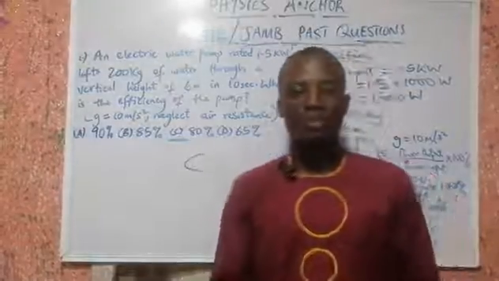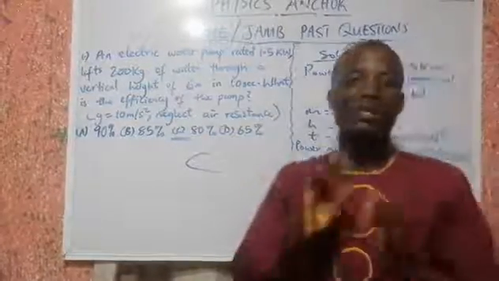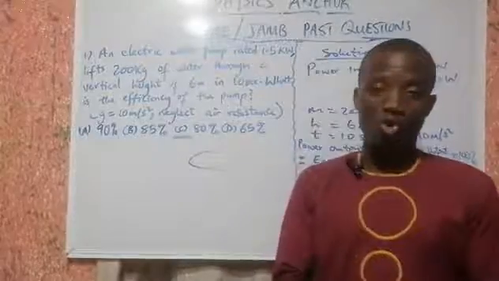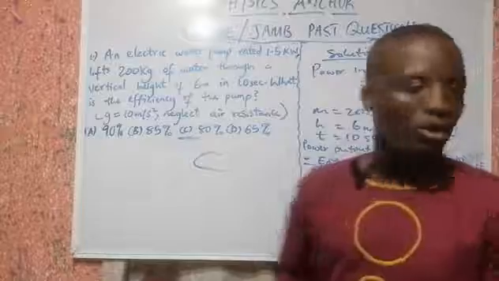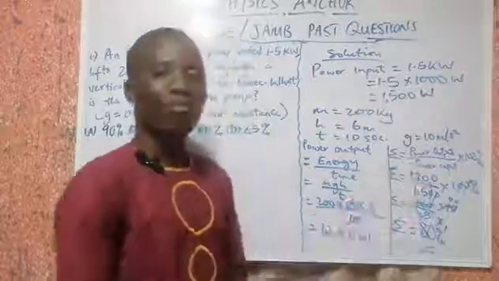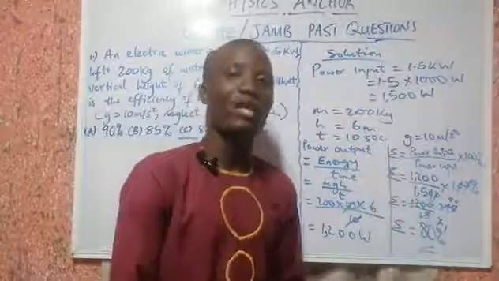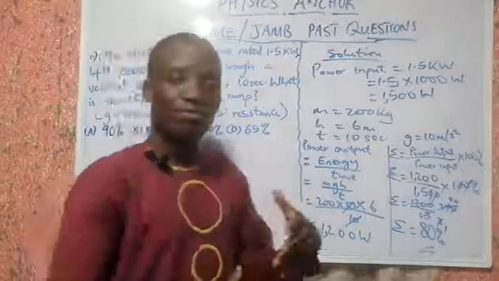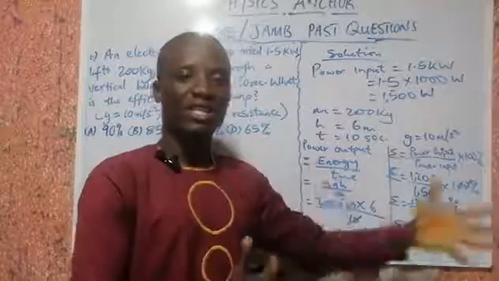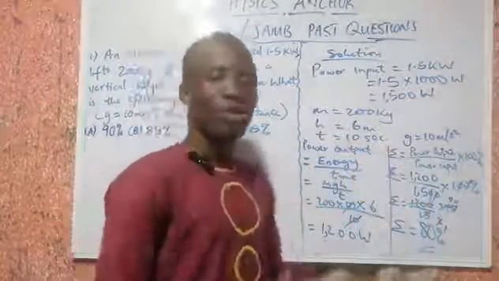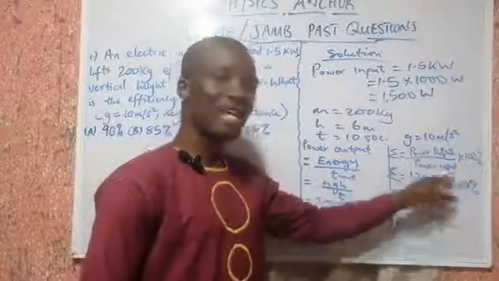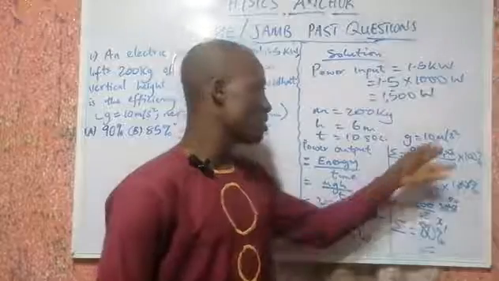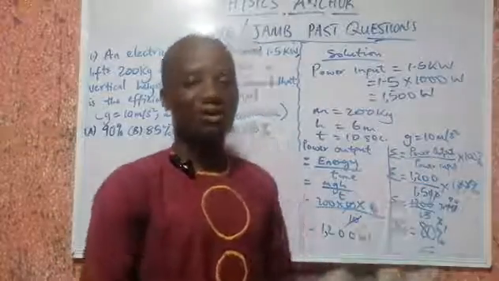We have more questions that also look like this. All you just need to know is that your efficiency is your power output over power input when you are dealing with power. But when you are dealing with mechanical advantage and velocity ratio, rather than power output over power input, you are going to have efficiency equals mechanical advantage over velocity ratio.